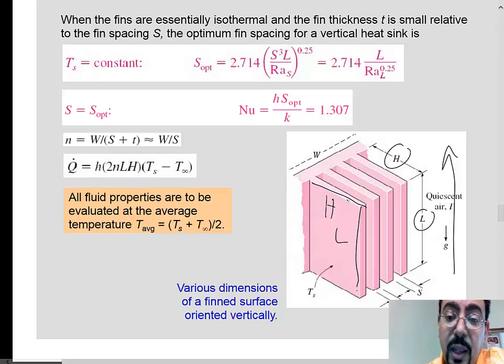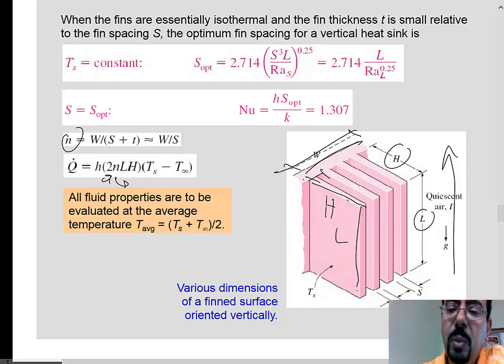And so the area is H times L. That's the area of one side. Multiply by 2, because you have double faces. Multiply by N, where N is the total number, how many of them you have. So N should be the width divided by how much each one of them occupies. Usually each one occupies S plus t, right?